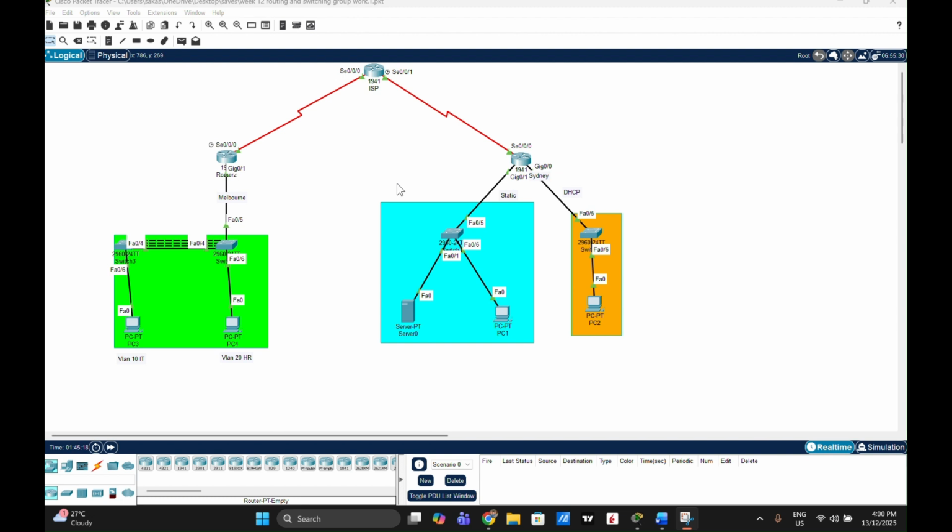A GRE VPN tunnel was implemented between Sydney and Melbourne. The tunnel uses the network 192.168.100.0, where Sydney uses one IP and Melbourne uses the other. GRE creates a virtual point-to-point link between the two routers. This allows OSPF to run over the tunnel and dynamically exchange routes.